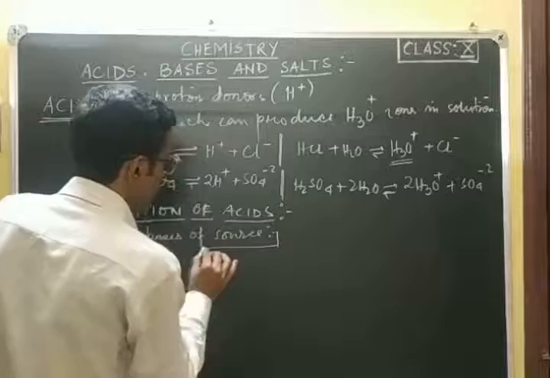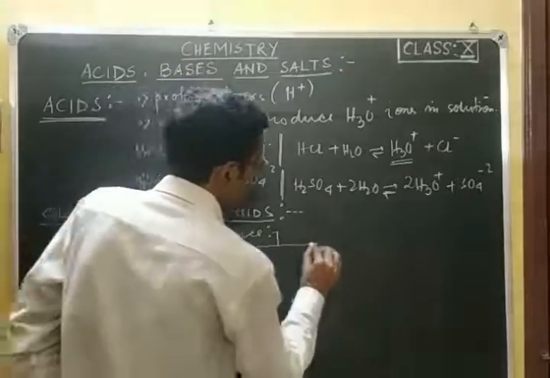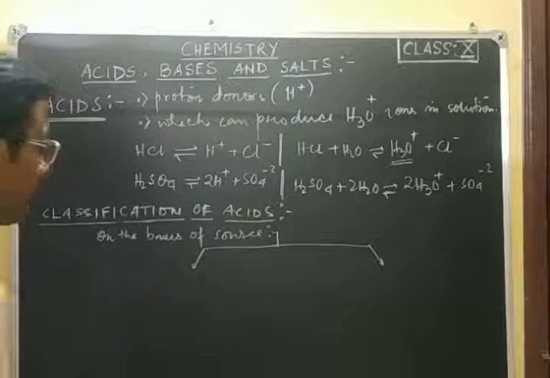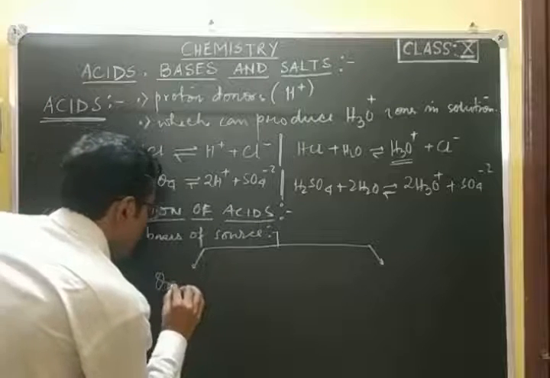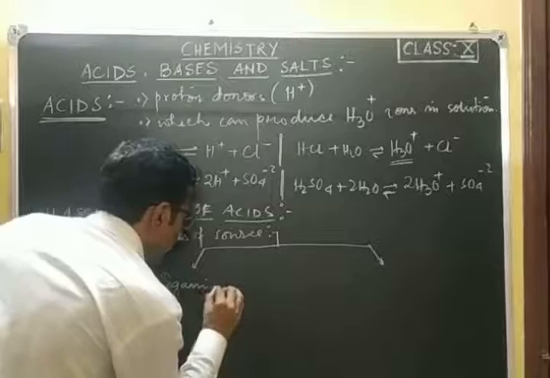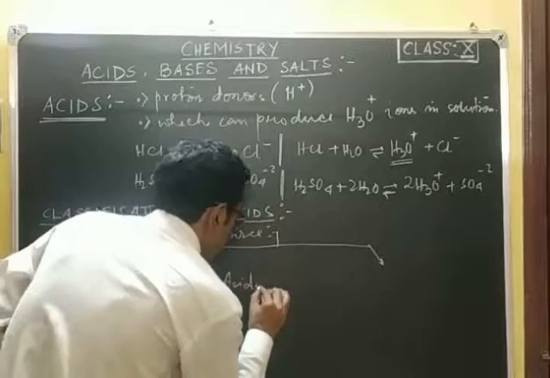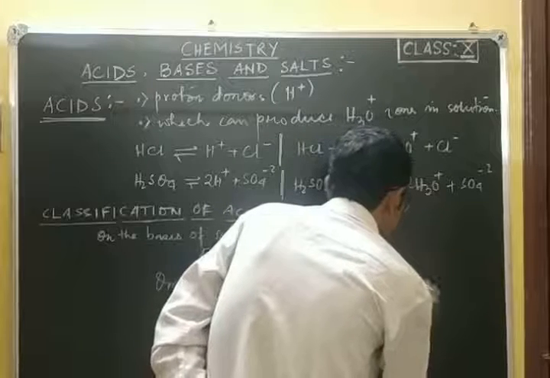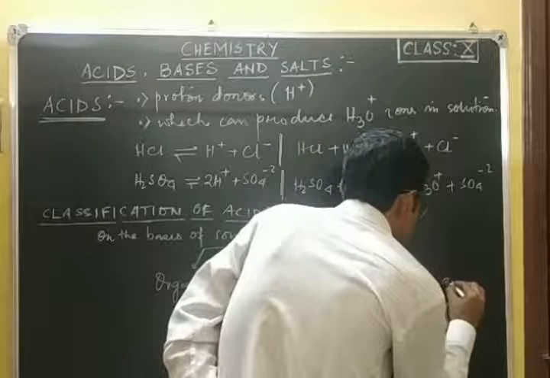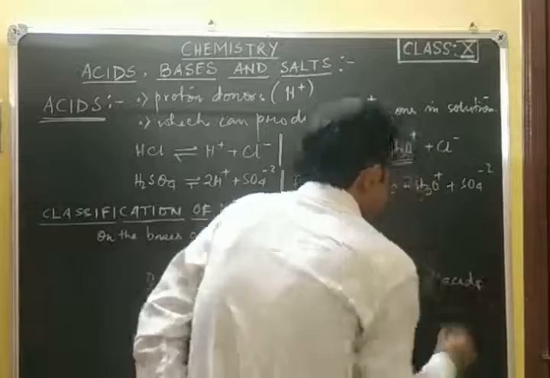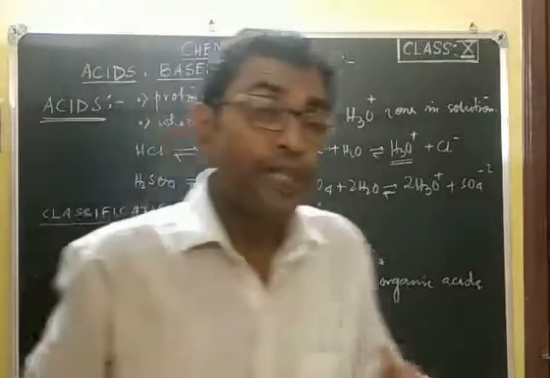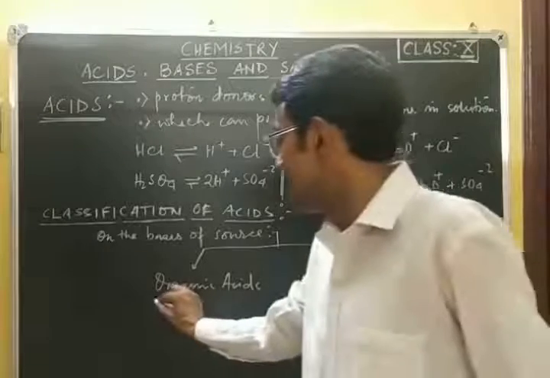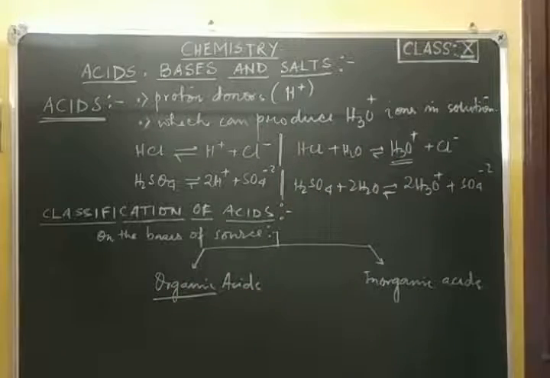So there are two categories. One is called organic acid, another is called inorganic acid. Now see, the acids which are obtained from living sources. Organic, the word means living organ. We will be having organic chemistry.